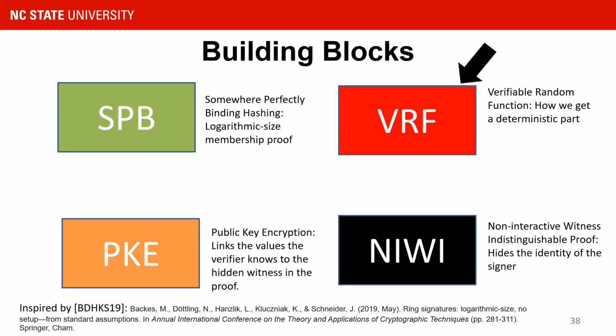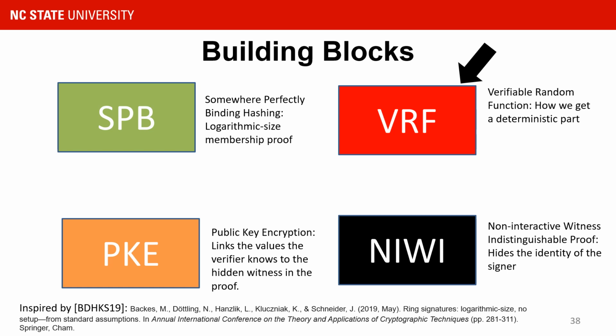Good. So with all that, I can talk about the building blocks I used. There are 4 building blocks that are important to us, and it's inspired by this work of Backes et al. Now, the novel thing that we did was adding this verifiable random function to get the deterministic part of the signature.